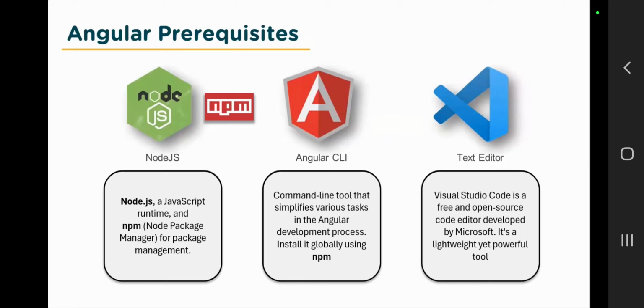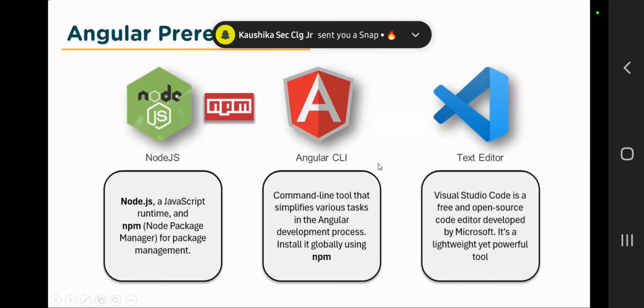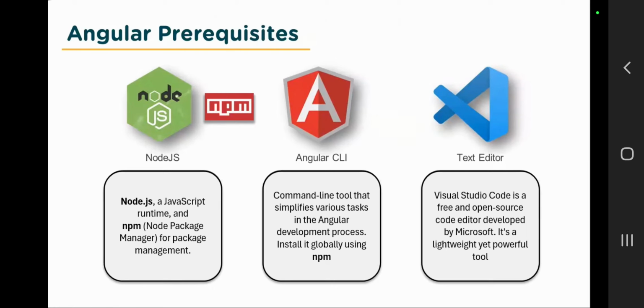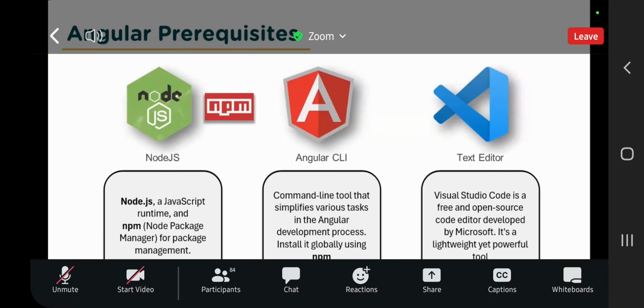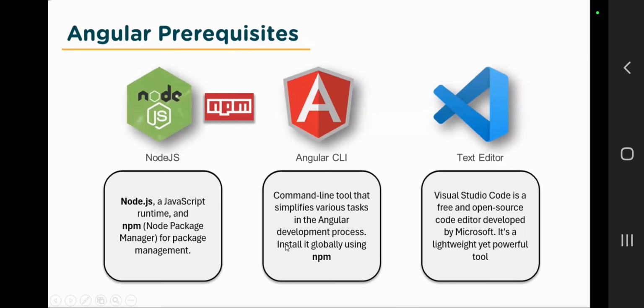By using those commands, I can perform the actions. So in order to do this, we need this Angular CLI support. And we should install this Angular CLI globally. Globally means at the root directory we have to install this CLI.